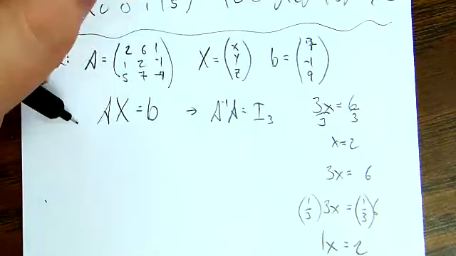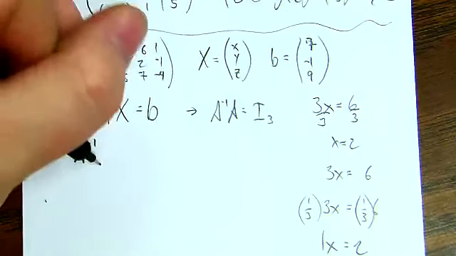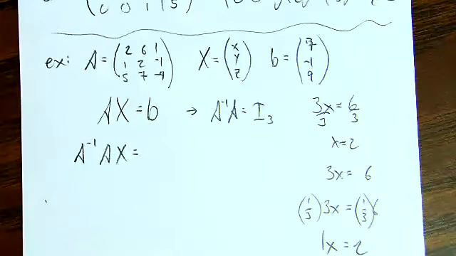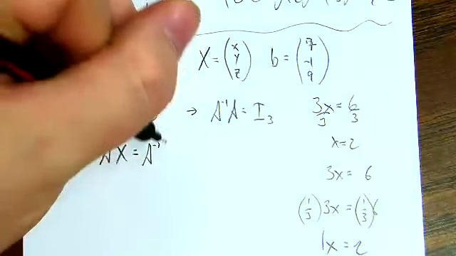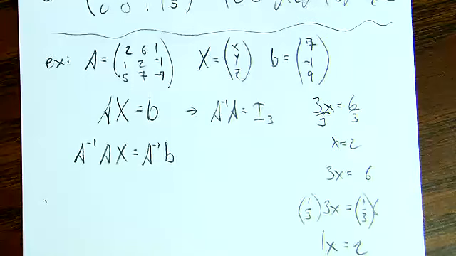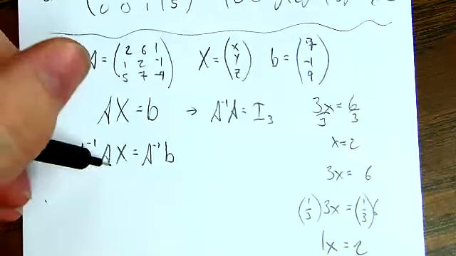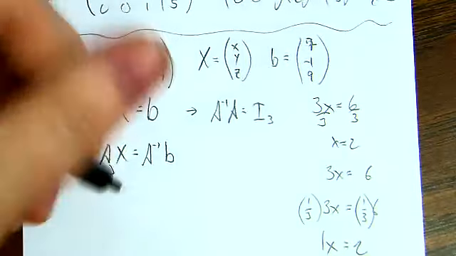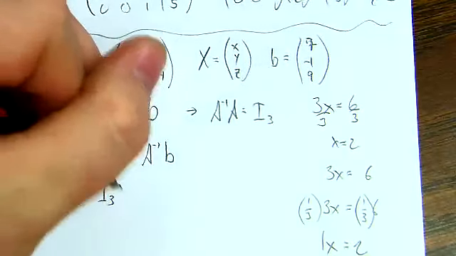So if I could just instead multiply both sides of this equation by A inverse, I can avoid that whole discussion about, well, how do I divide matrices? Now I know A inverse times A is going to give me I3.